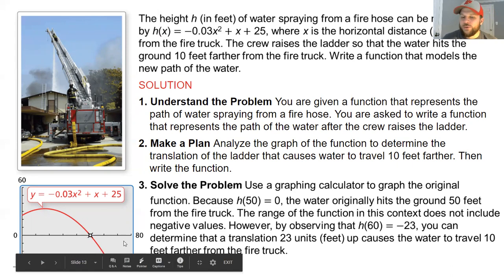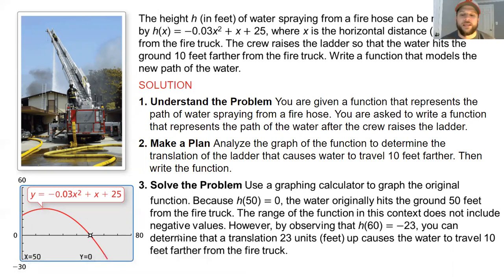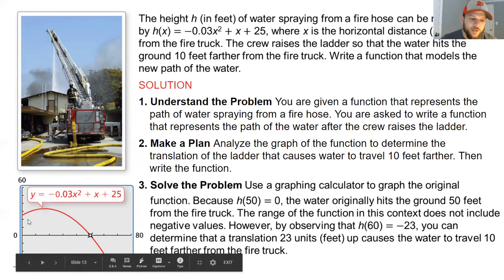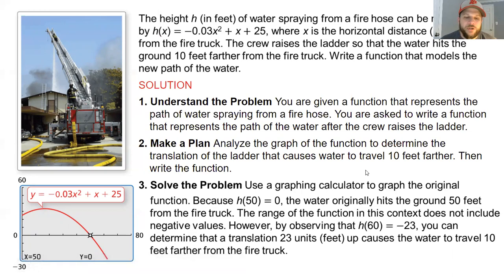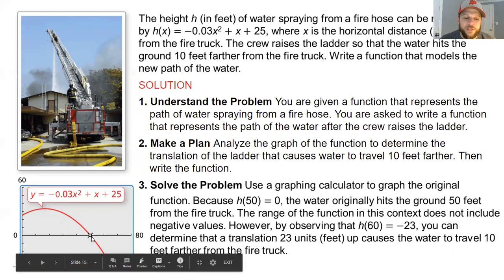Now in a real life situation, your fire truck water is not going to go through the ground and keep going down even further negative. So we don't need to include any of our negative values. We really are only looking at this path right here as soon as it hits the ground. But in terms of the graph, if you keep observing and look at what happens at 60, you get a negative 23 on your y-axis.